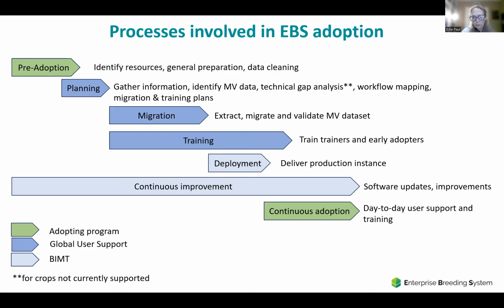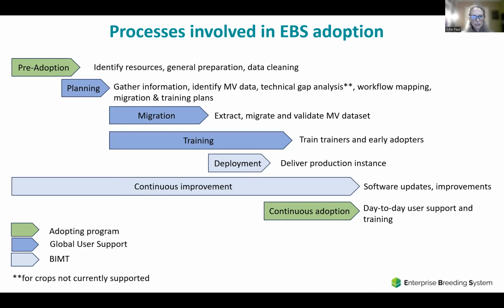Then the global user support team will get involved and work very closely with the key people from the breeding program to learn more about the program, the data, to understand your workflows, identify what we call the minimal viable data set that needs to be migrated to allow you to run your operations, and to come up with a migration and a training plan.